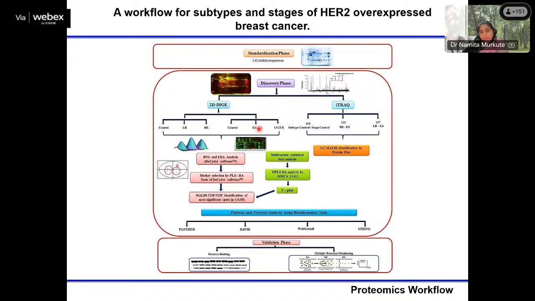So what pathways are present in stage 1? I got most of the proteins which are expressing in Wnt signaling pathway. So this pathway is very active during the initial stages, or you can say during the inception of the cancer.